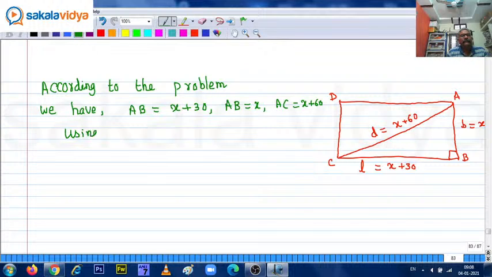Using Pythagoras theorem, or apply Pythagoras theorem.